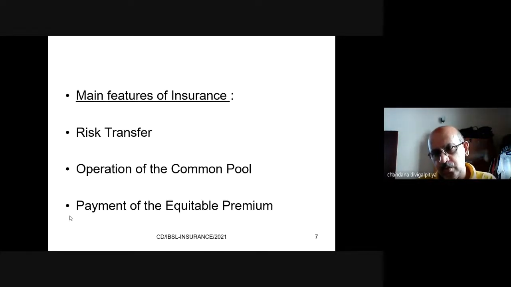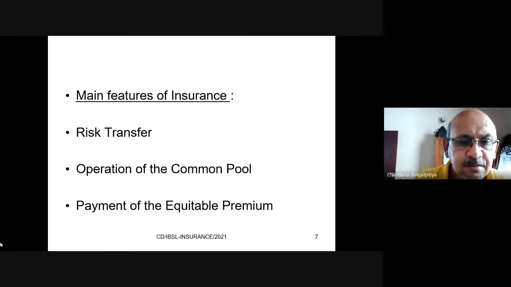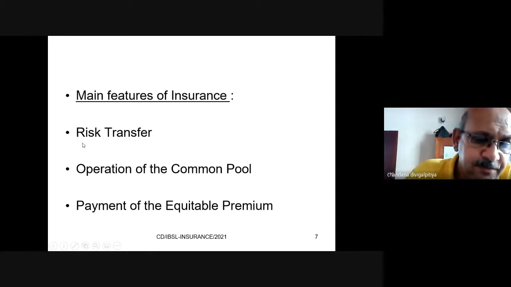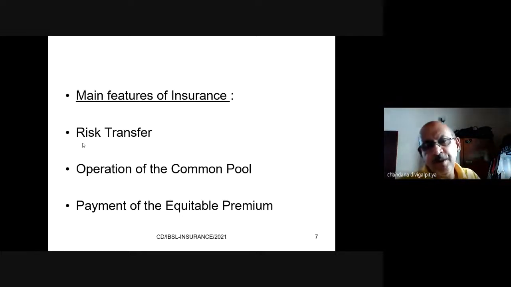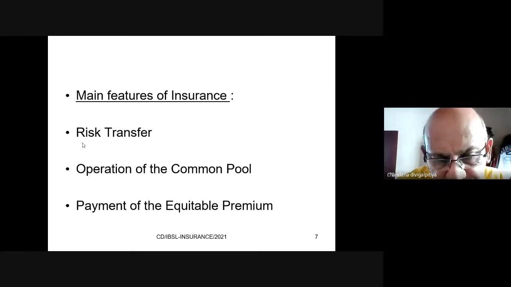Now, my next question is, what is the risk you are going to transfer? In case of life insurance, if you buy a life policy, what is the risk you are going to transfer? If you buy a motor policy, what is the risk you are going to transfer?